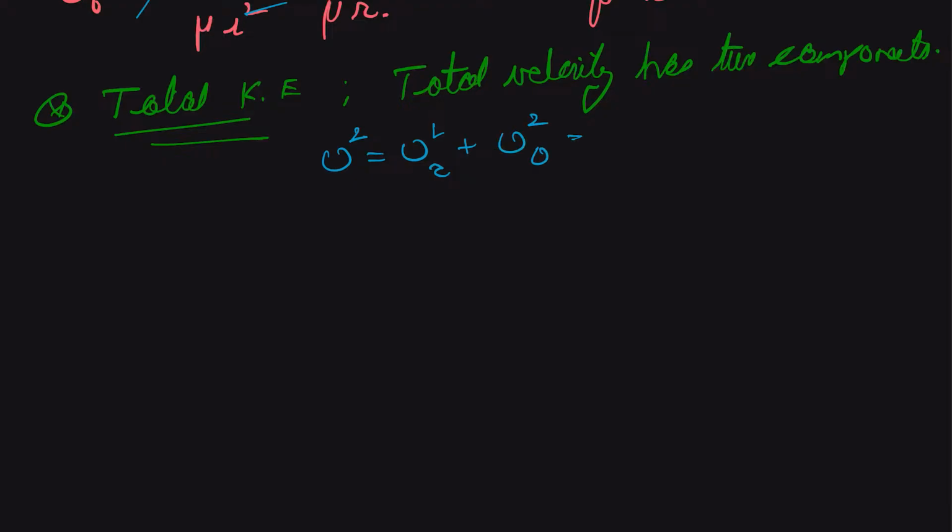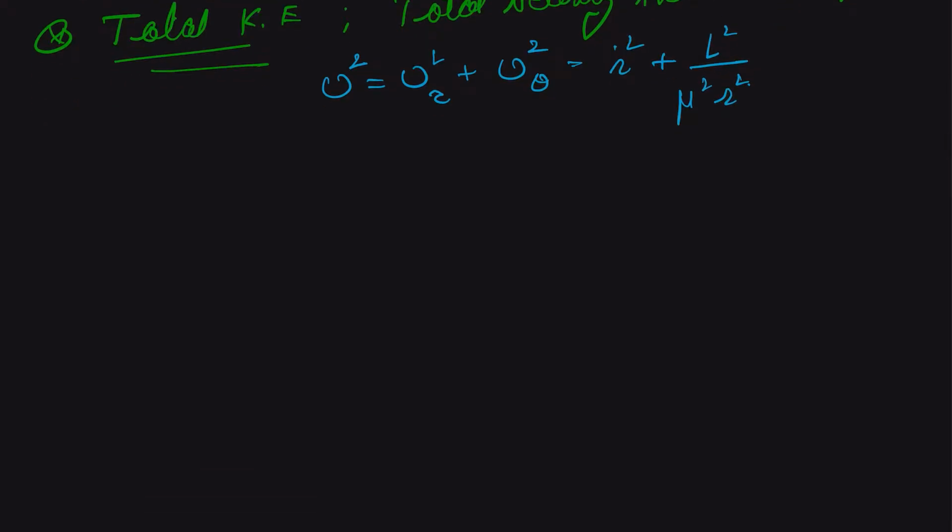Respectively we can write it as r dot square plus, and for theta we just found L square upon mu square r square.